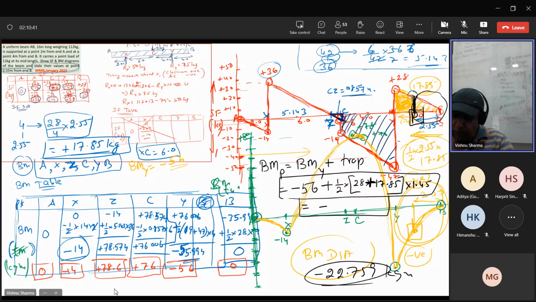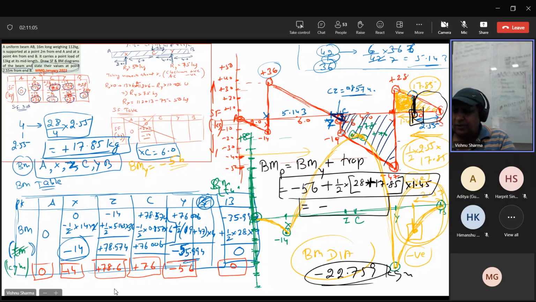Another way could be you pick up the approximate value from the BM graph and change to the exact value from the triangle, keeping the sign from the graph of the BM. Or you can calculate the way I've calculated BM at Y plus the area of the trapezium, that will give you BM at that point P. Both ways are equally good as long as you are able to close out.